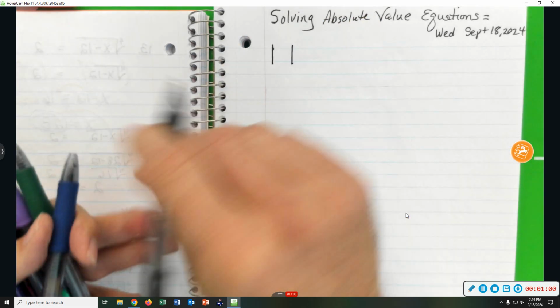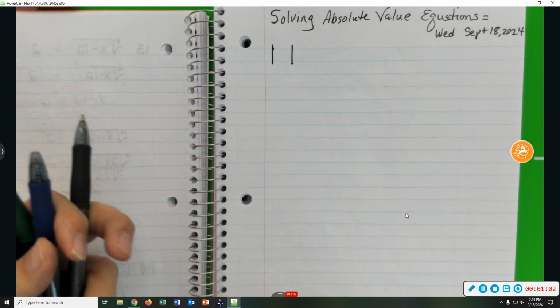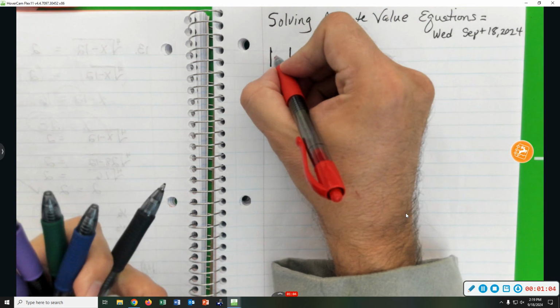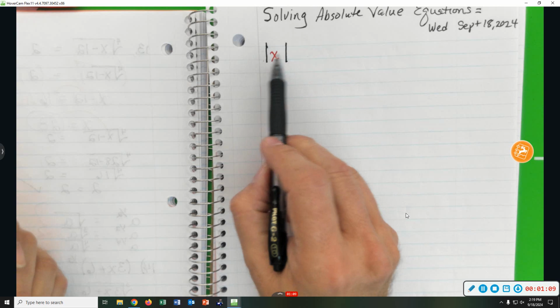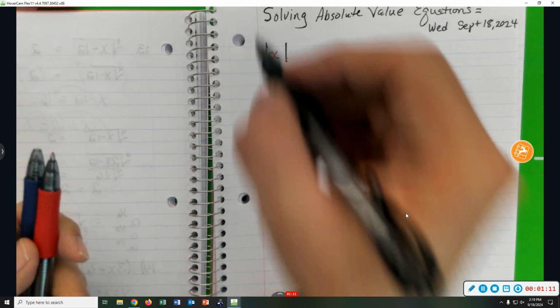Absolute value is denoted with two vertical bars. So this is read the absolute value of x.